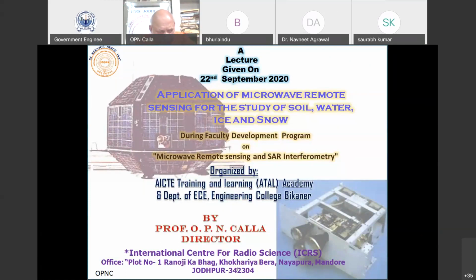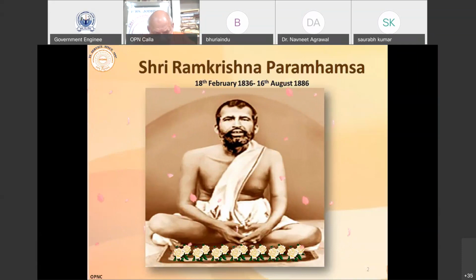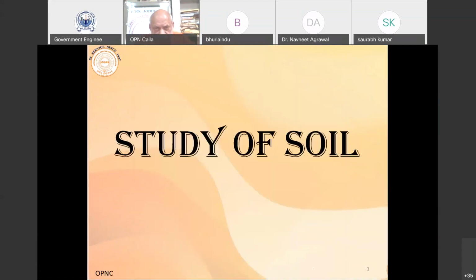Today I'll be touching upon different applications of microwave remote sensing, where we use the passive sensors as well as active sensors. We'll first take the study of soil.